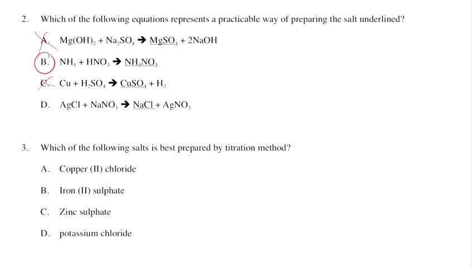But here, it used silver chloride, which is an insoluble salt, to react with sodium nitrate. So because silver chloride is insoluble, it will not contain any mobile ions. And also, if we look at the product, there's no gas or water or precipitate that's formed, so this reaction would not take place. So put a cross for that.